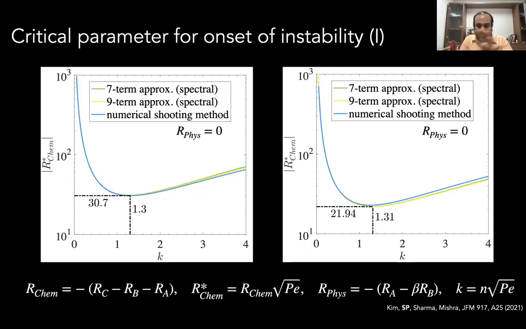One is beta 1, the other one is beta 2, if I am not wrong. I just have to check. So these are the two cases. One says if the initial reactants have the same concentration, which is beta 1, it will give a different parameter regime for instability and stability. Whereas if one of the reactants is higher than the other, it will give a different configuration.